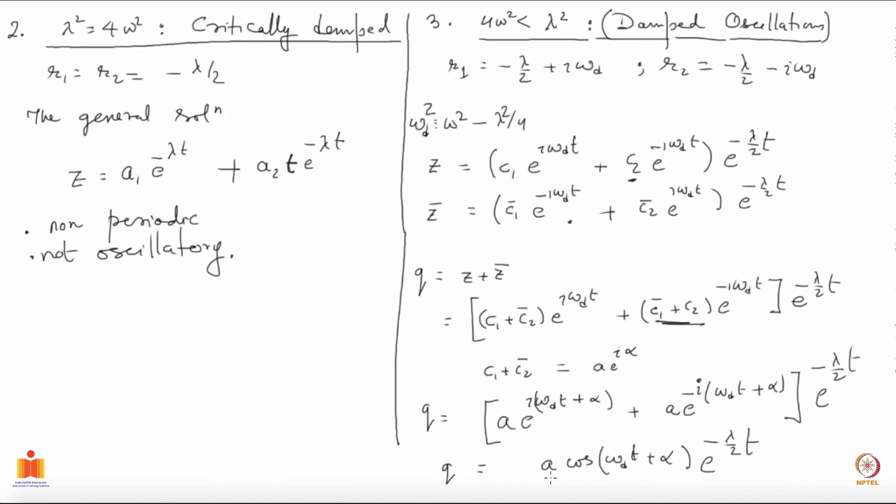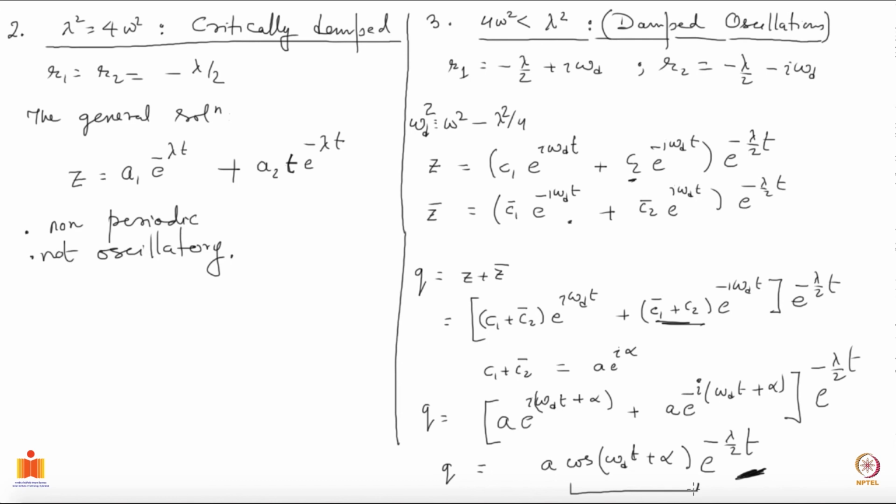Now again, this is not a periodic motion, meaning q never comes back to its original location because of this factor. As time has passed, because of this the amplitude would have decreased. But this is an oscillatory motion because of the presence of this cos. So the oscillator is indeed oscillating about the equilibrium, but the amplitude is decaying with time. And this we have encountered earlier.